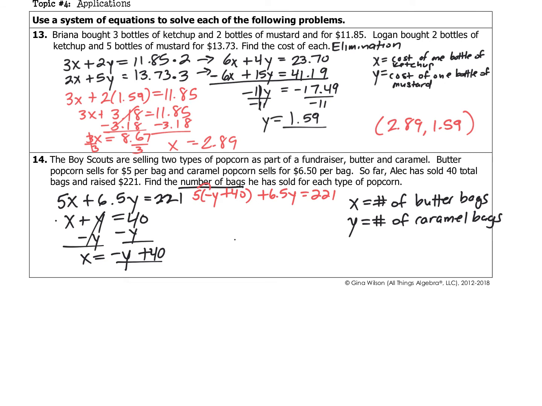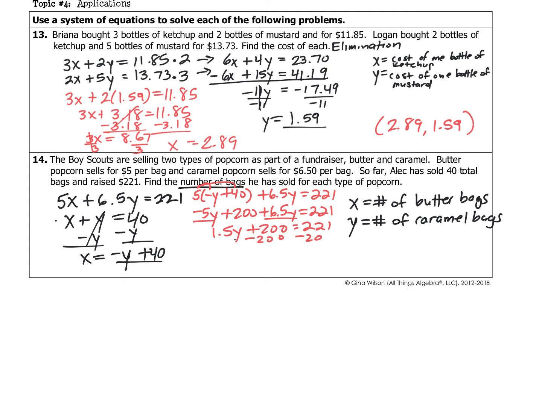I'm going to distribute my 5, so I get negative 5y plus 200 plus 6.5y equals 221. Combine like terms. Negative 5 plus 6.5 is 1.5y plus 200 equals 221.